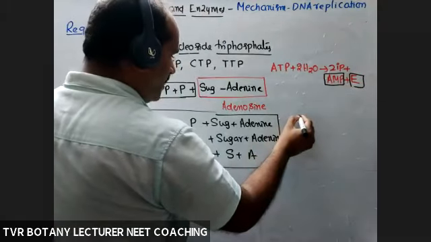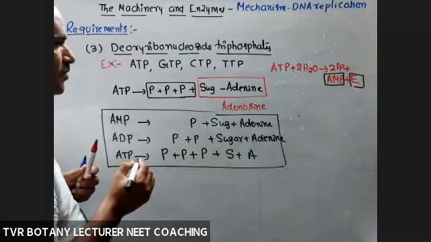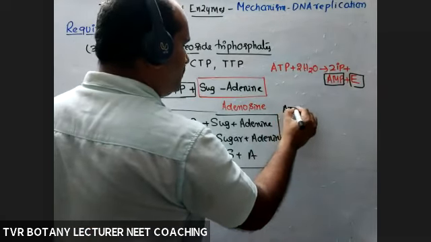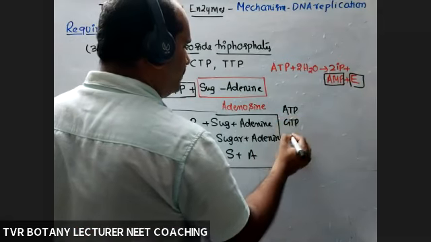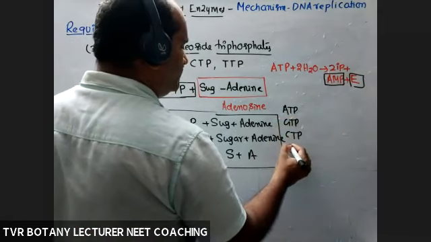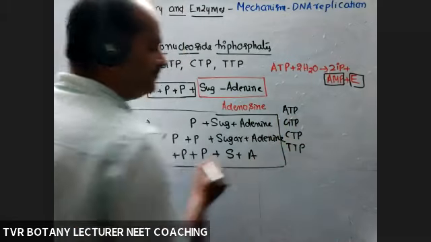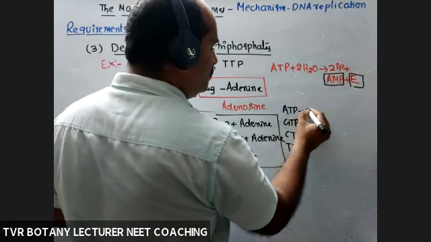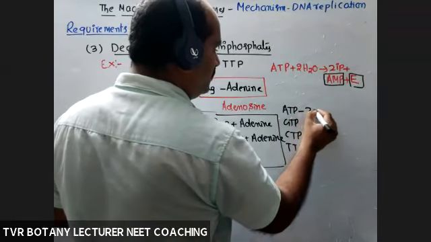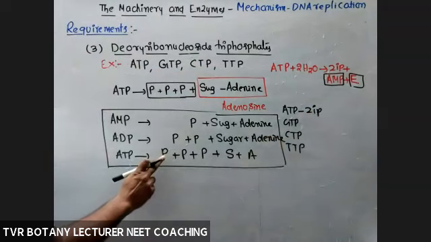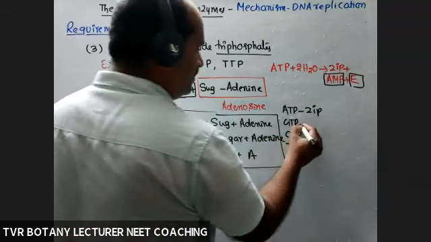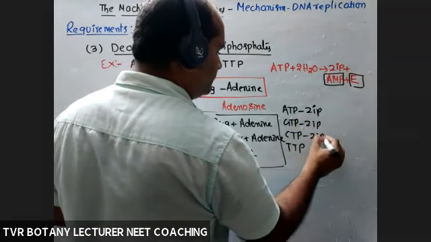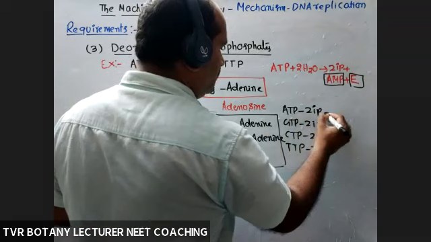So what is the role of deoxyribonucleoside triphosphates? That is either an ATP molecule or a GTP, CTP or TTP molecule. Minus 2 inorganic phosphates. Remove inorganic phosphate 1 and 2.